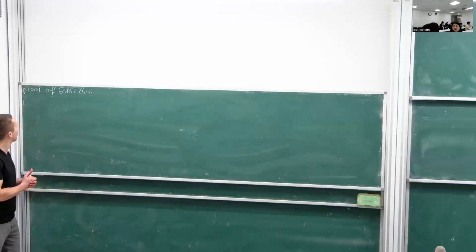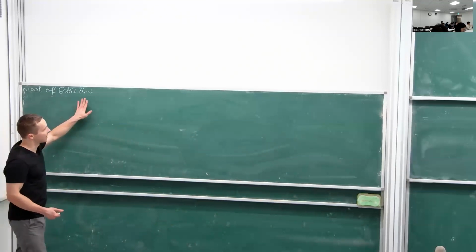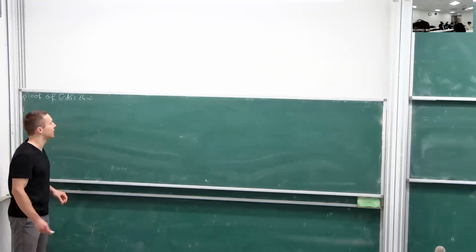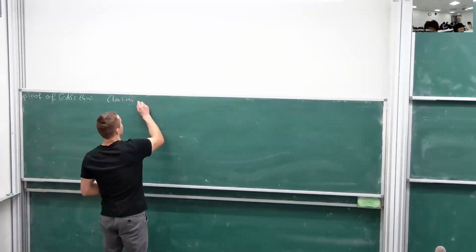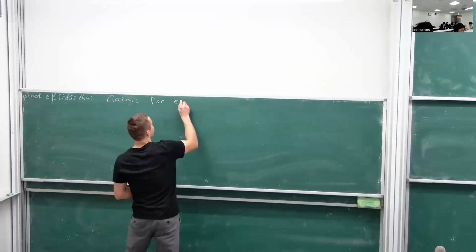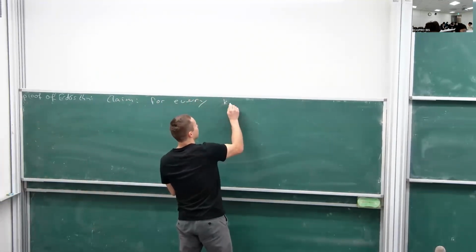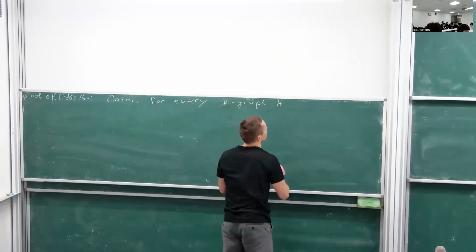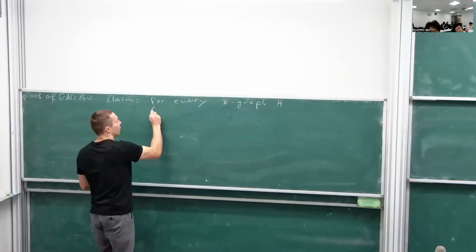Okay. So let's finish the proof of the Edge theorem that we started last time. We had this claim that for every k-graph H, when we consider the homomorphism density, we have the following inequality.